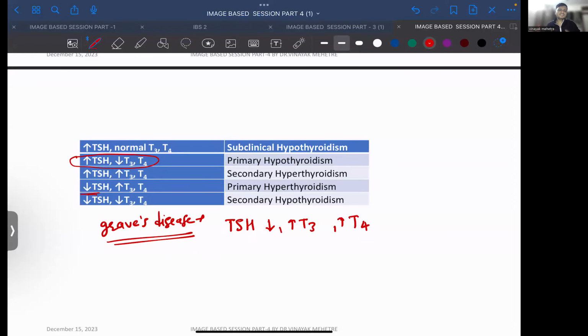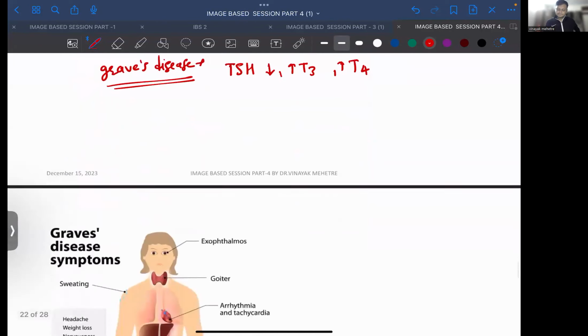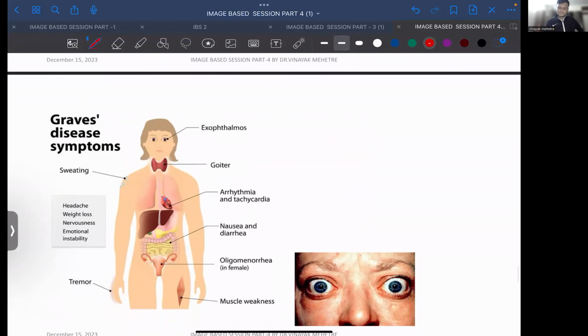What happens in Graves disease? Anyone? Antibody against what? TSH receptor. Antibody against TSH receptor, right? Triad क्या है इसका? Classical triad.